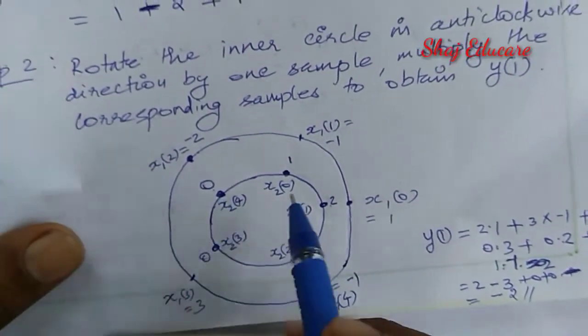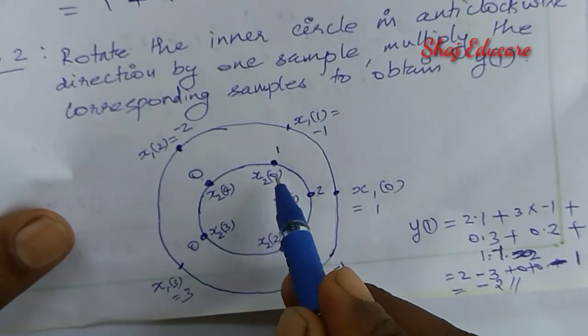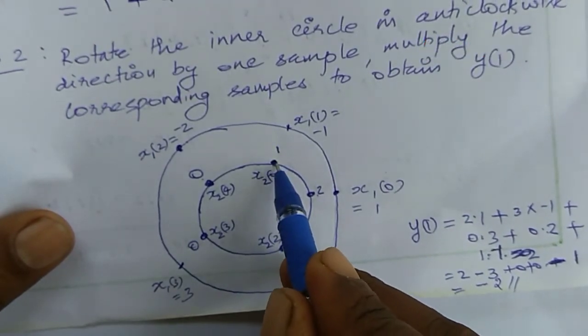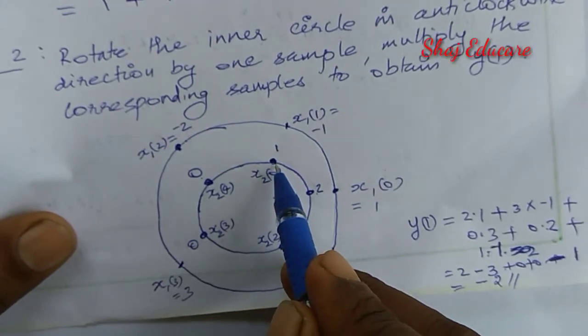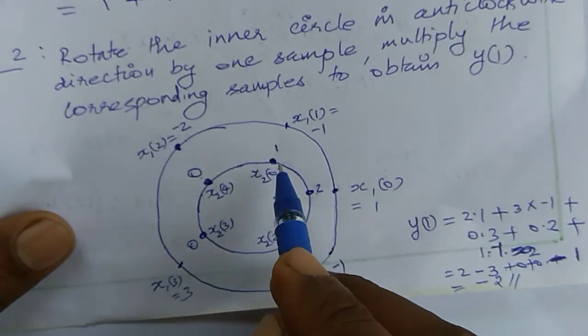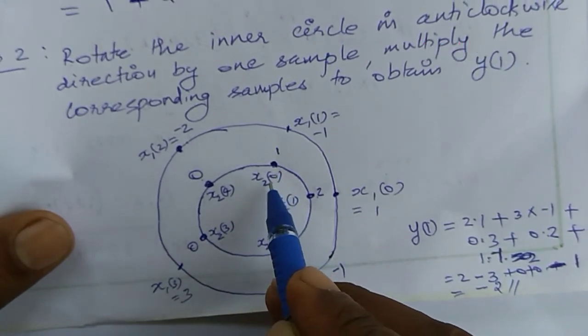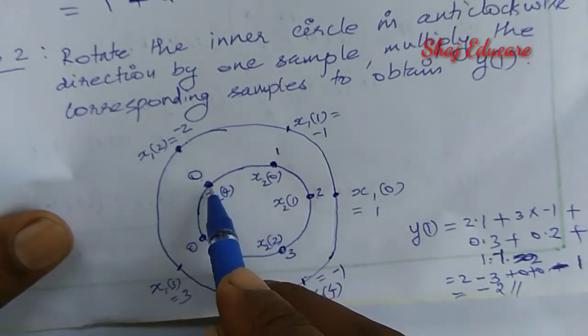In this step 2, the x2 of 0 was here. Now if we rotate it again in anti-clockwise direction, then we will be getting x2 of 0 from here onwards.